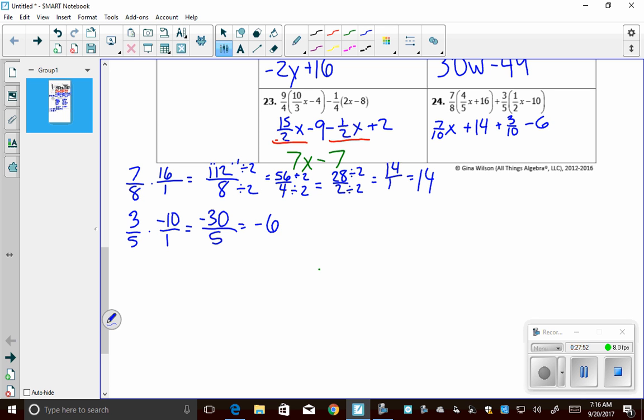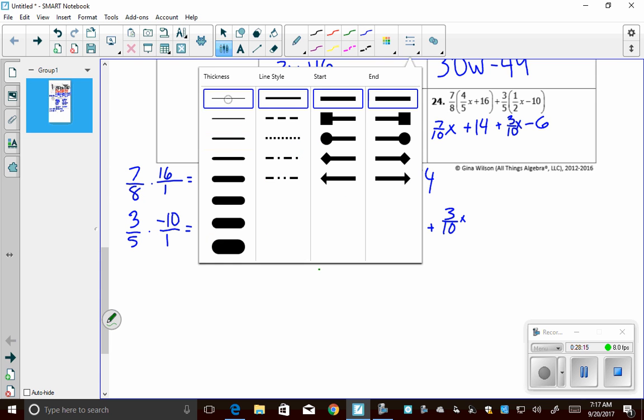Okay? Once I distribute, I'm going to then combine like terms. So I have 7/10 x plus, oops, I forgot my x right here. Y'all probably noticed that, but I did forget my x right there. 3/10 x. Because my numbers are the same, I'm going to highlight them again.